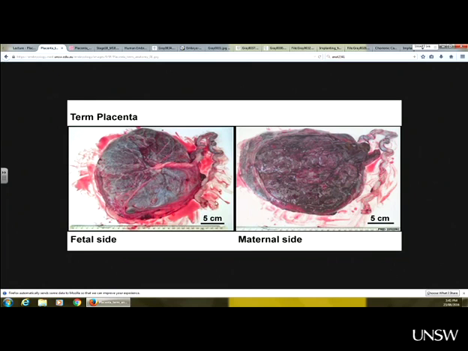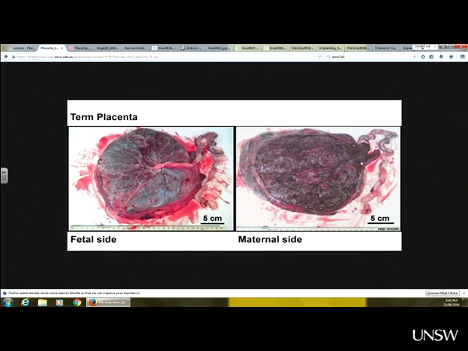shown here, faces towards the maternal blood, and it's made up of chunks of villi separated by maternal connective tissue septa. And these break up the maternal side of the placenta into what's called a cobblestone appearance.